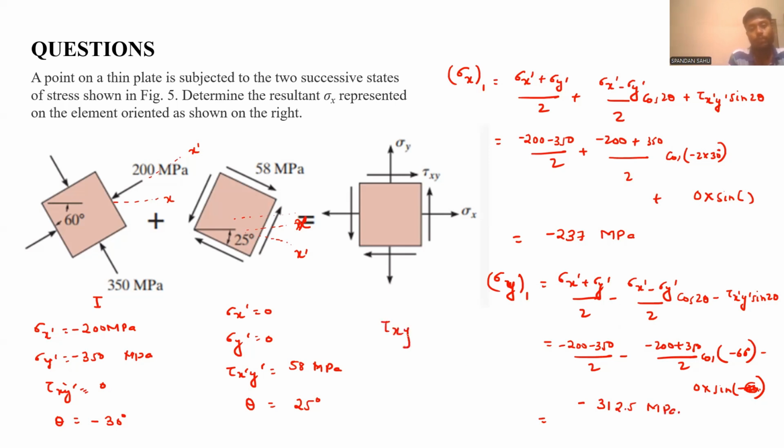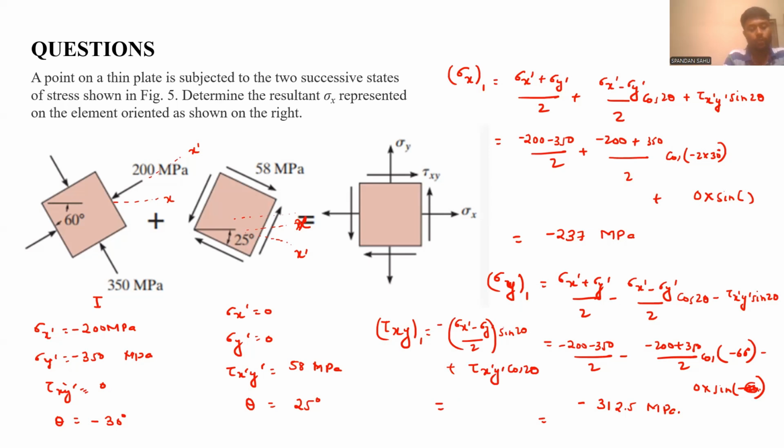Similarly, tau xy for 1 can be written as minus of (sigma x prime minus sigma y prime) by 2 sine 2 theta plus tau x prime y prime cos 2 theta.